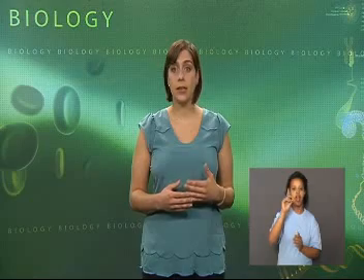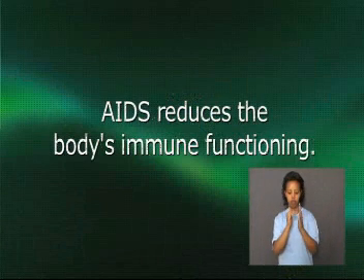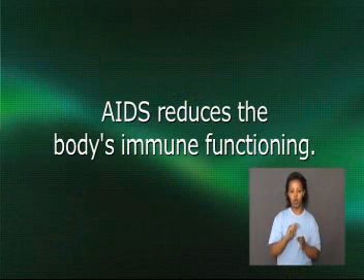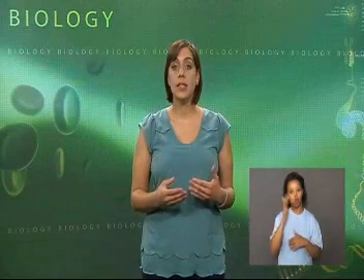AIDS seriously reduces the body's immune functioning. The body becomes prone to any infection and can suffer greatly from even common illnesses. Since the T helper cells are infected, they cannot work to protect the body.